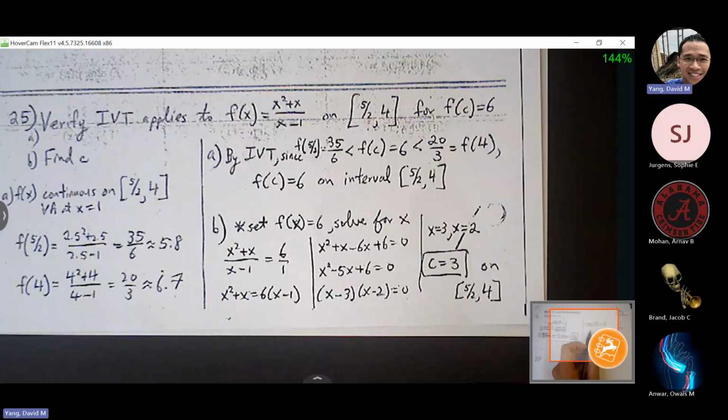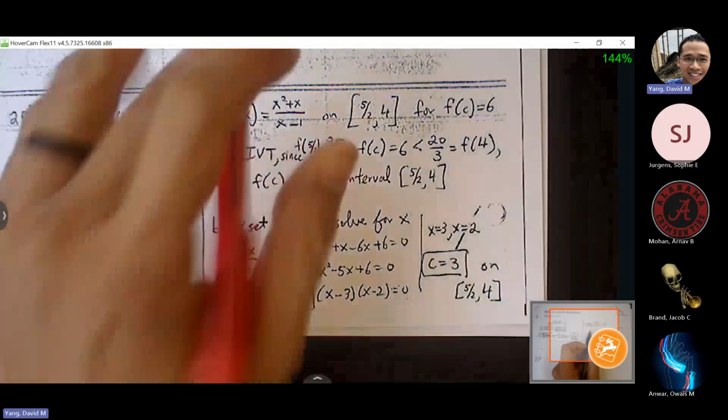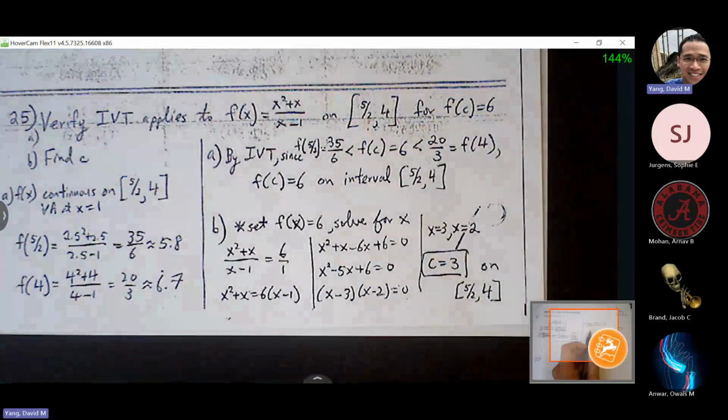Could you discuss removable discontinuities, what it looks like on the graph, like either a hole or a chunk? Yeah, so you can do something like this.